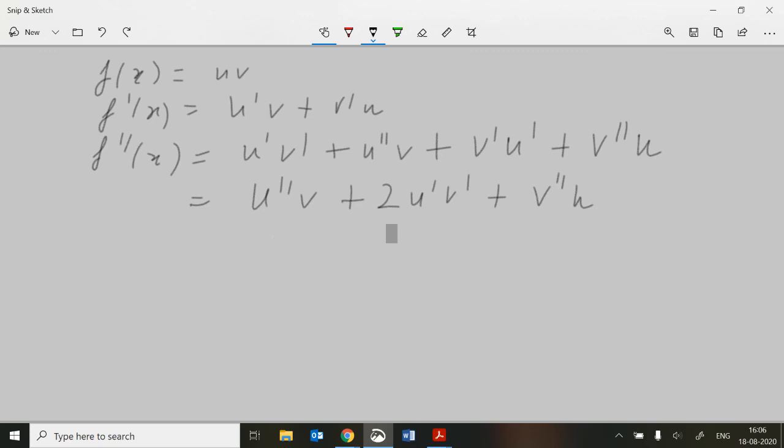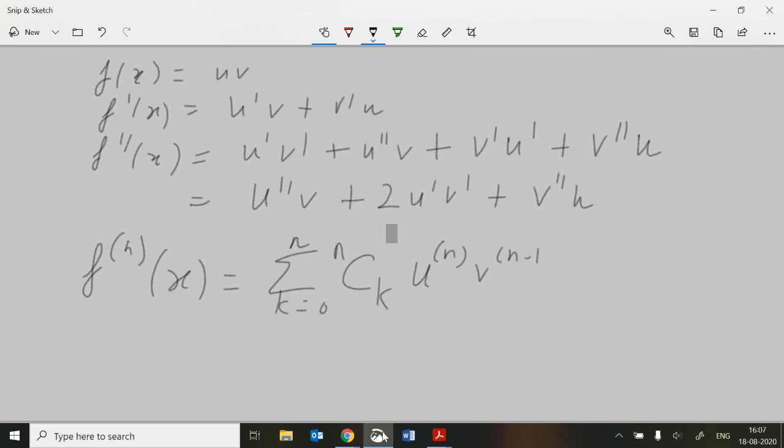So we could write this now using f of n. We could say that this is equal to our sigma, the sum of. So we're going to write our binomial theorem in terms of sigma. So our sum of nCk, I'm going to use nCk to be consistent with Wikipedia and maybe the book. And there we go. I've got k from 0 up to n, and then we've got u of n and v of n minus k.